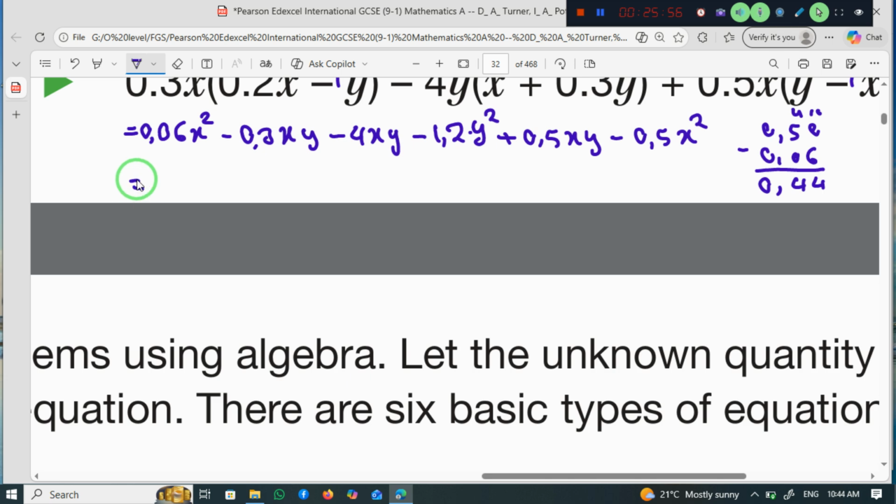We write minus 0.44x squared. We take one of them. This one is simplified with this one, or subtract.